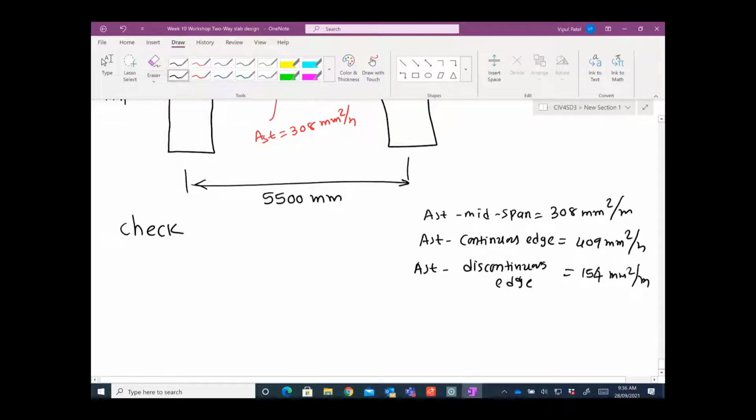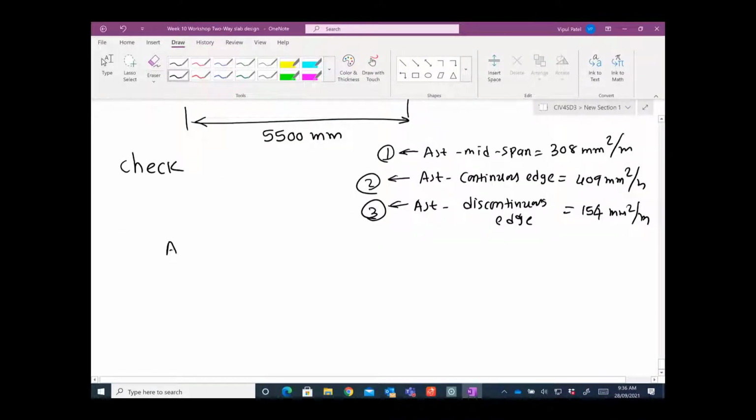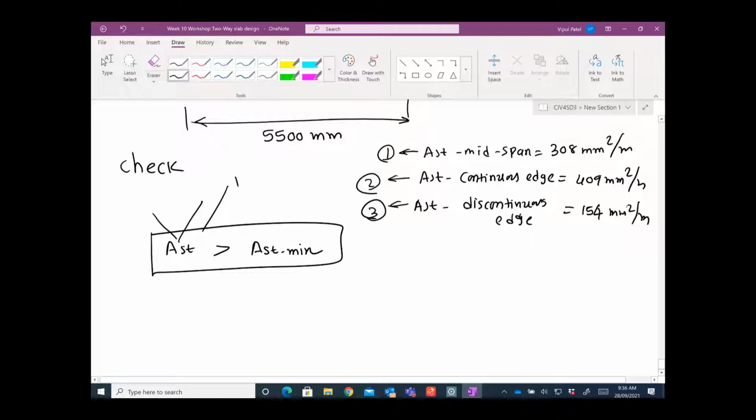Now we're making sure that these three ASTs, AST number 1, AST number 2, regardless of their position, whether positive or negative, are greater than the minimum AST requirement, right? There are three, one at the mid span, one at the continuous edge, one at the discontinuous edge, and regardless of their positions, wherever you're going to put it, you should provide the minimum reinforcement.